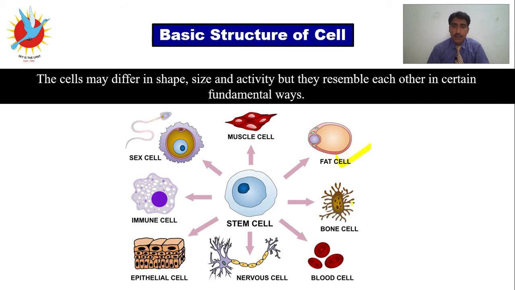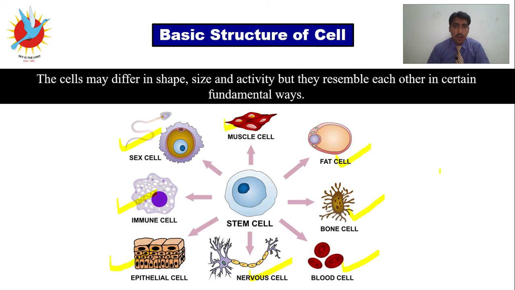Fat cell is different, bone cell is different, blood cell is different, nervous cell is different, epithelial cell is different, immune cell, sex cell, and muscle cell. Morphologically they are different and functionally they are also different, but they resemble each other on certain fundamental points.